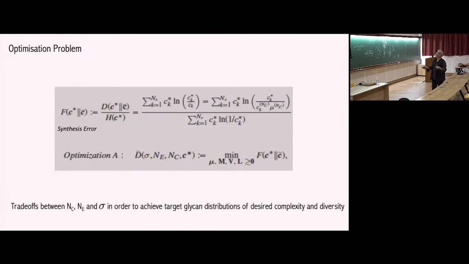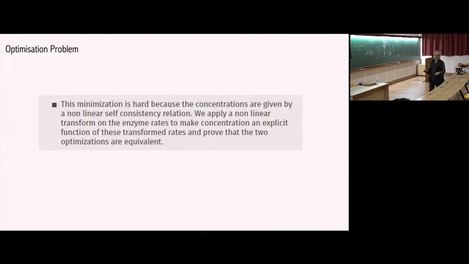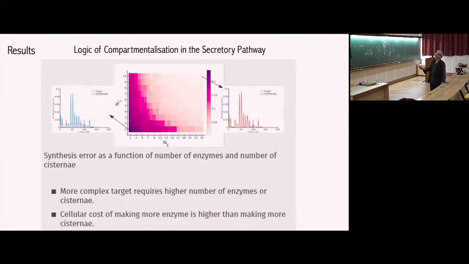But what Alkesh did was to prove a very clever theorem where he applied a nonlinear transformation on these enzyme rates, and that made this optimization easier to do. That was actually a big stumbling block for us for a long time, and Alkesh did this very non-trivial job. Okay, so I'll now look at the results.